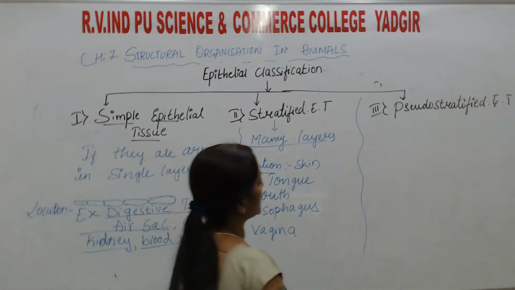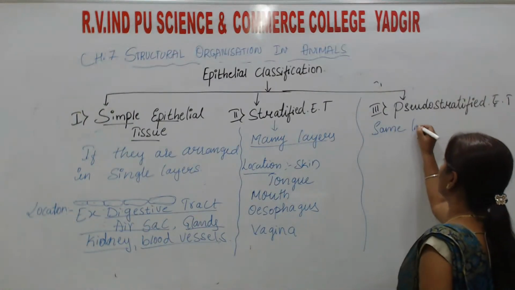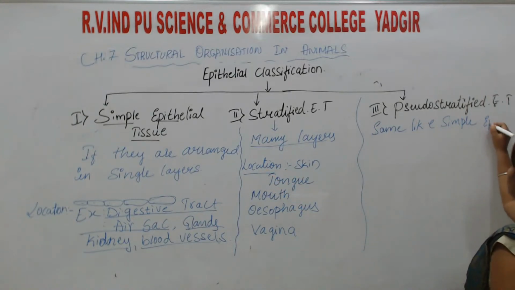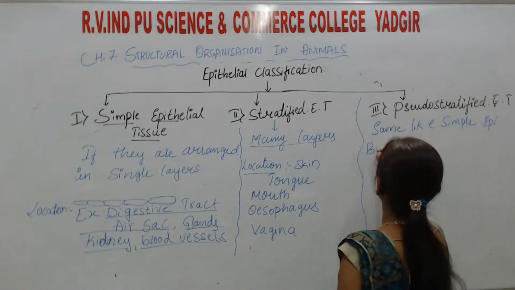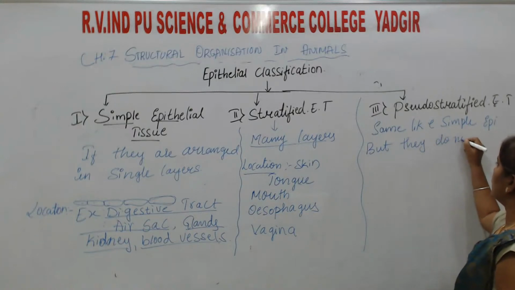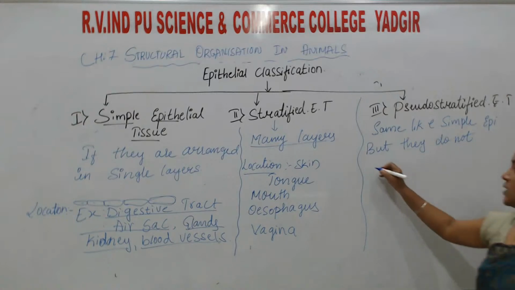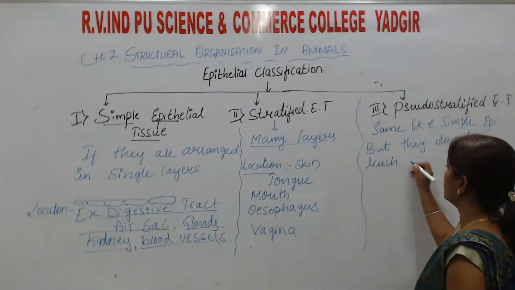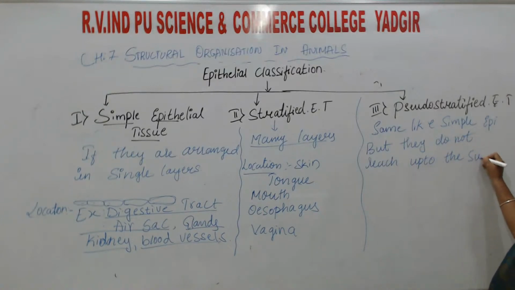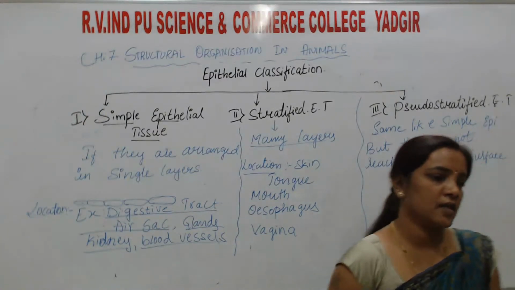Pseudo stratified is the same as simple epithelium, but they do not reach up to the surface.